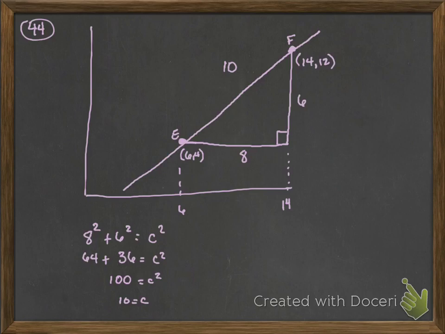So what I need to do, that whole thing, 10, is 4 times the distance of just DE. So I need to figure out where DE actually needs to be.